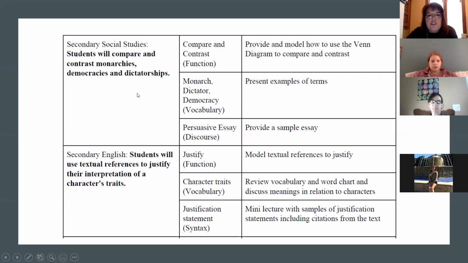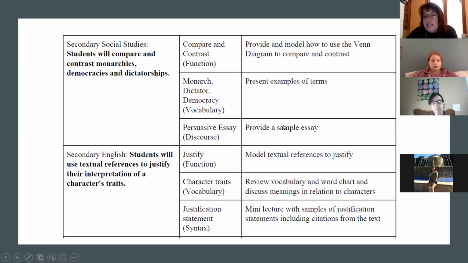Then in this compare and contrast monarchies, the last thing, if I want to score that high level 4 or 5, I also have to talk about discourse. So how did they take these things and then show me that they could be a historian? Well, I had them write a persuasive essay.